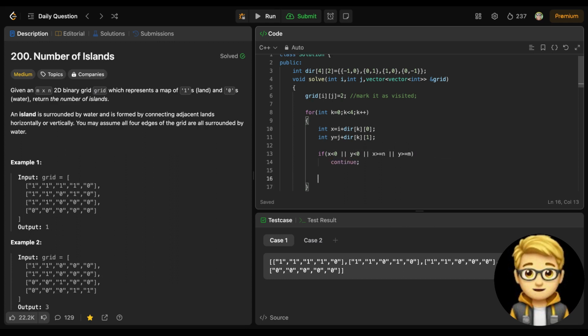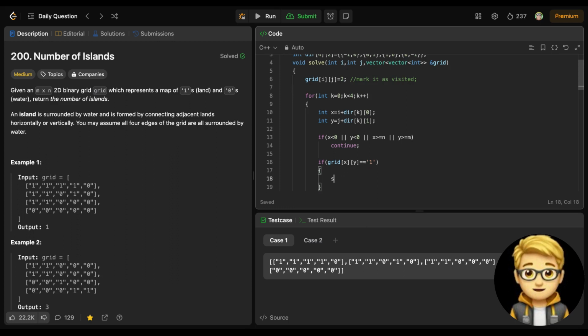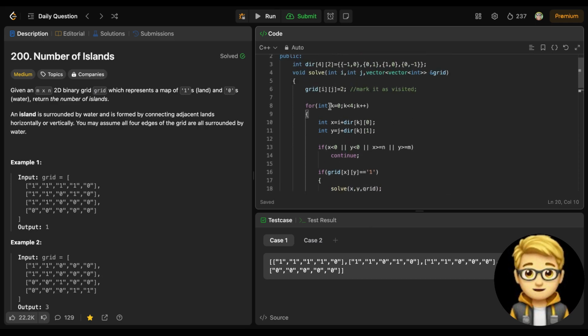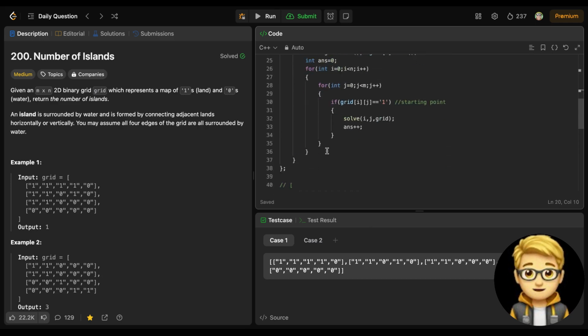I will just see if grid xy is not visited, which means it equals 1, then I can call this solve function with the new coordinates, right? Otherwise we will not call this solve function. This is how we will mark all the visited cells, and at last we will return the answer.